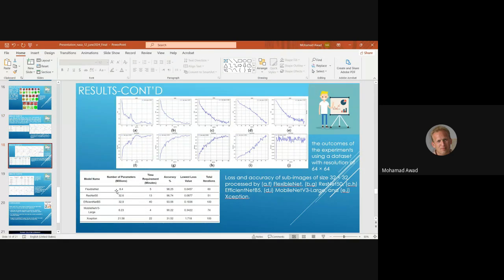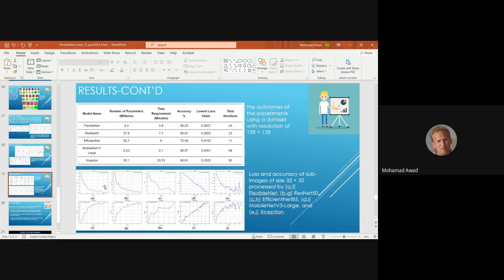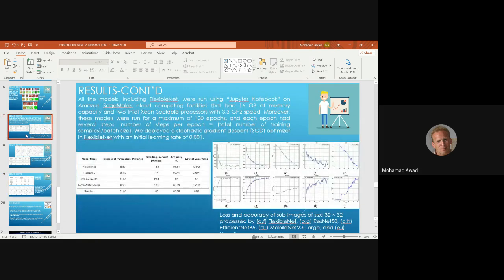As you can see, the number of parameters gets higher in 64 by 64, and the same for 128 by 128. So the best result was with sub-images of 32 by 32. Maybe the smaller sizes provided me with the best result, I guess.